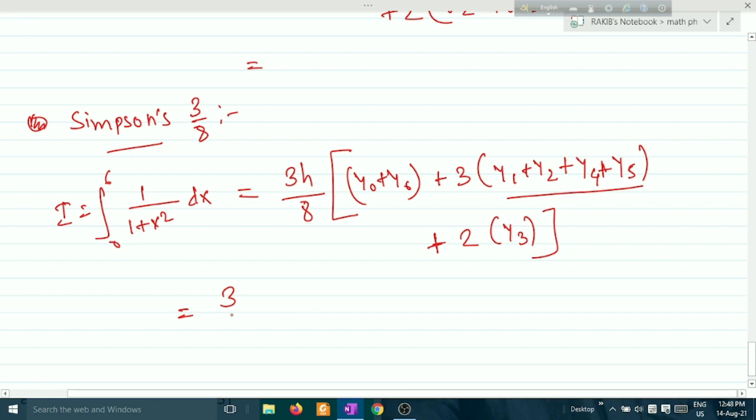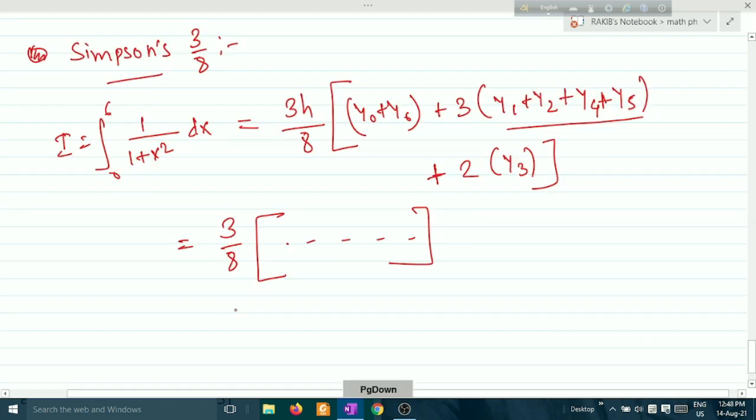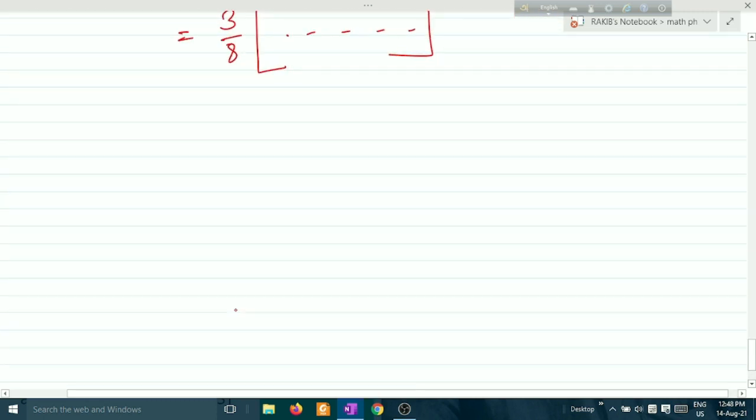If you are able to do this, there will be a 3 by 8. What is y0 plus y6? Put this thing out, and finally you can see the results.